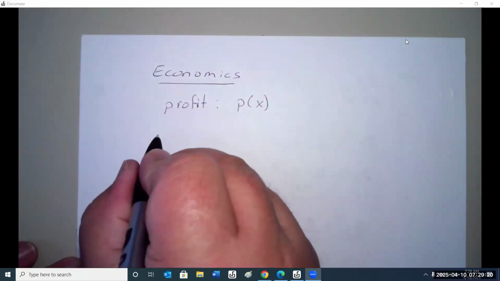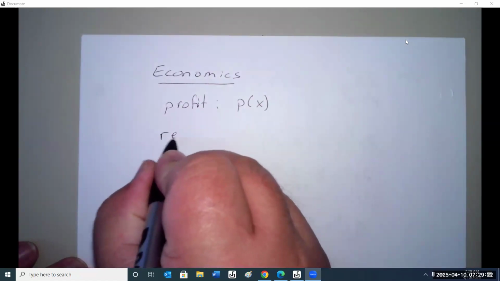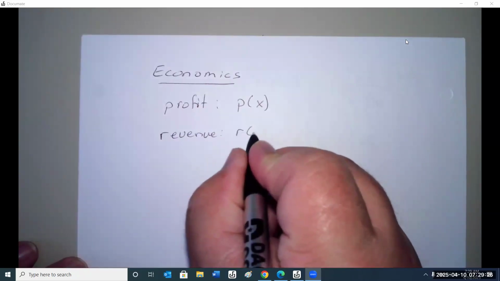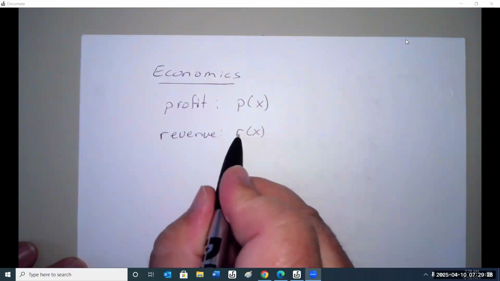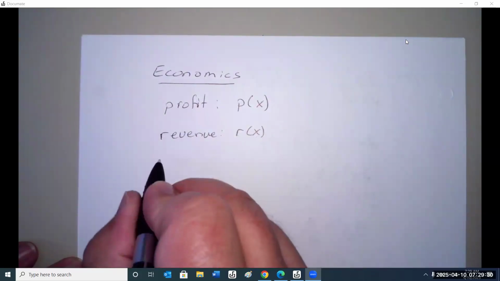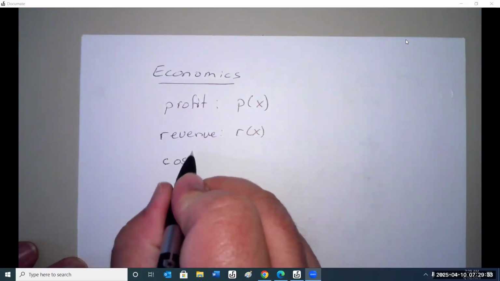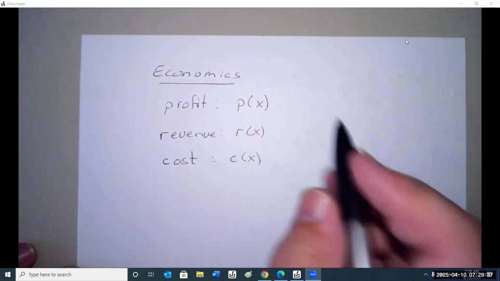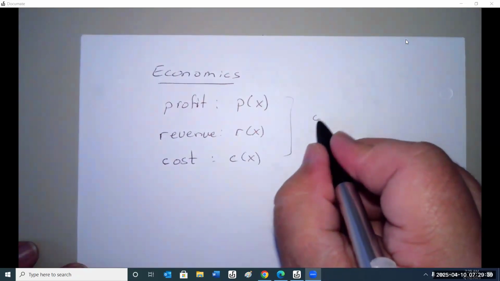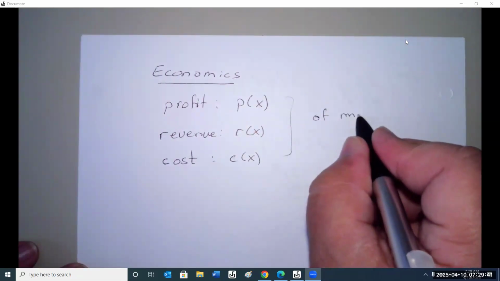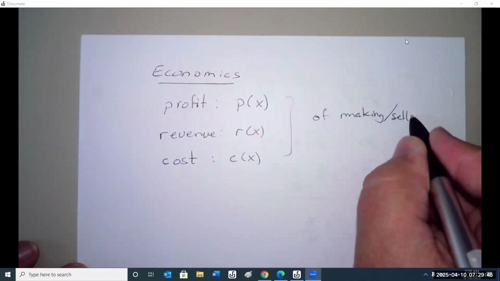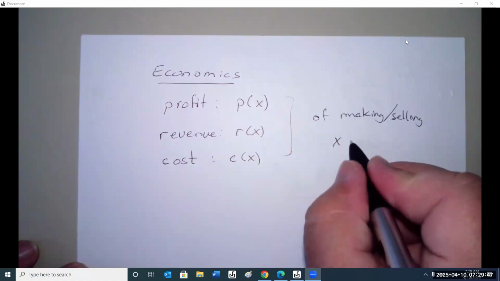What is a profit made up of? It's made up of a revenue, which we define as R of X. That's selling that many objects. And then we also have the cost of making and selling X items.